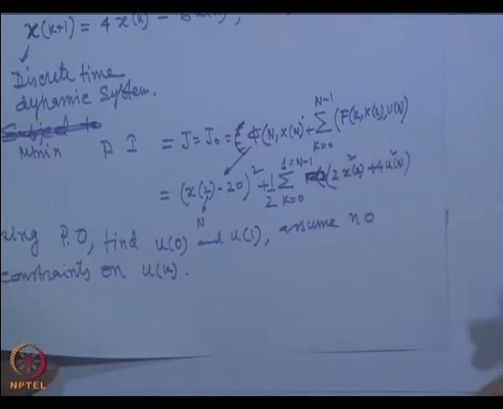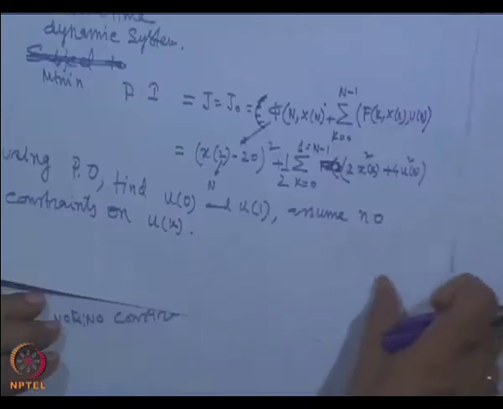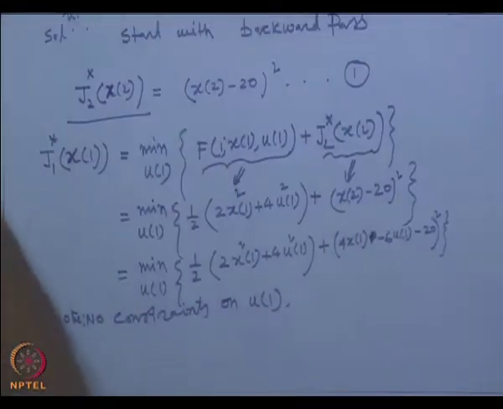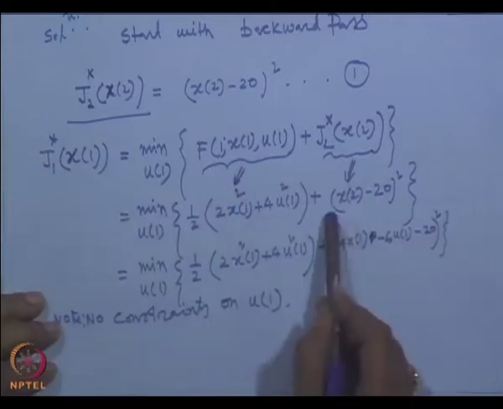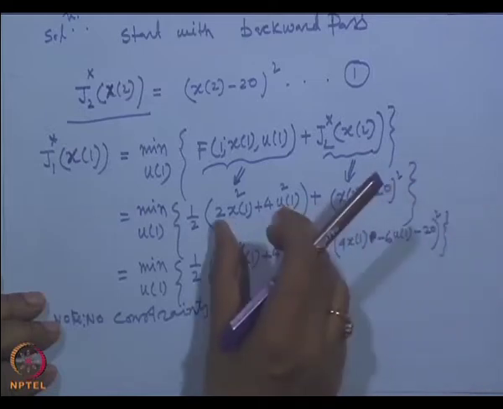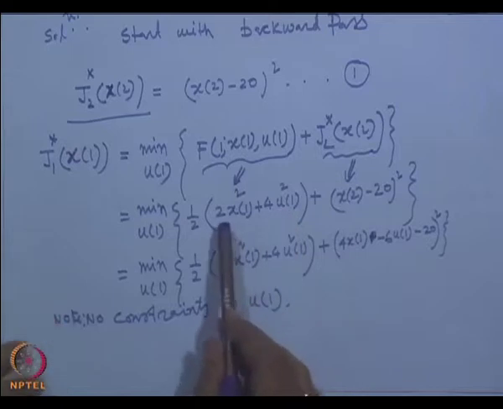That means we are moving from the terminal cost J 2 to J 1. So, this is the terminal cost at J 2, and now moving to J 1 we have the total cost, J 2 plus J 1. This is the expression.